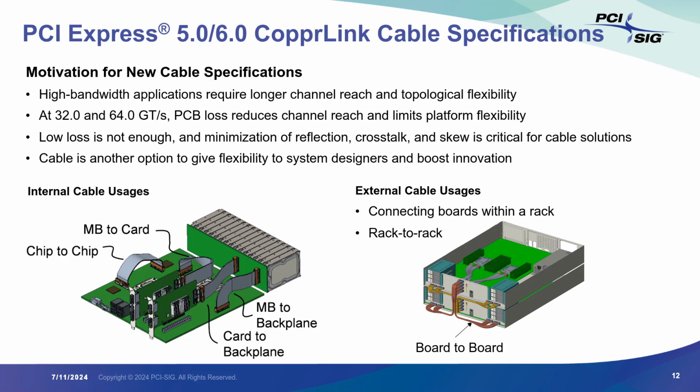For CopprLink, which now covers two generations, PCI Express 5.0 and 6.0, at data rates of 32 and 64 gigatransfers per second, as we go to such high speed and the Nyquist frequency keeps increasing, it becomes difficult to go with PCB and longer reach, and sometimes the topological flexibility needed to innovate becomes limited. That created the urgency, and we started this development work.